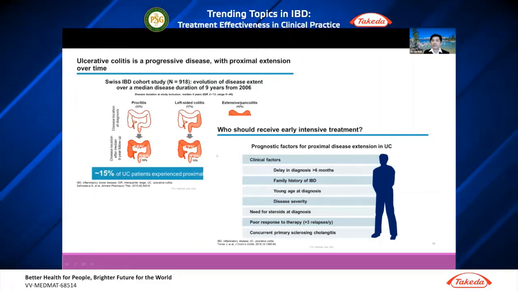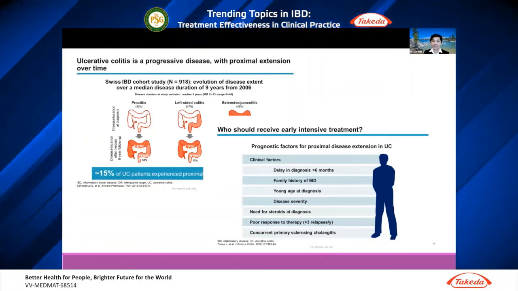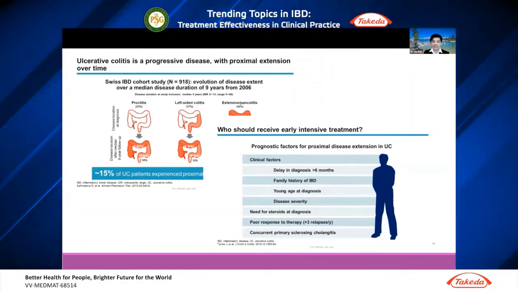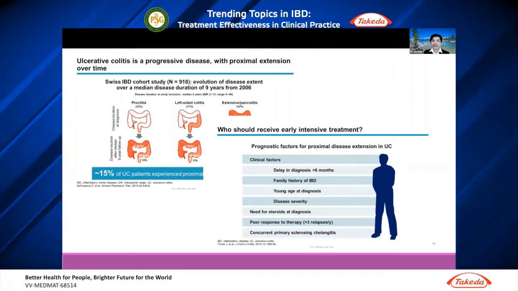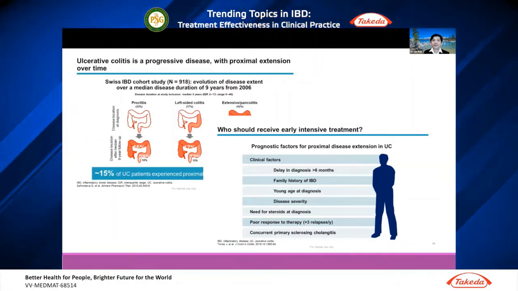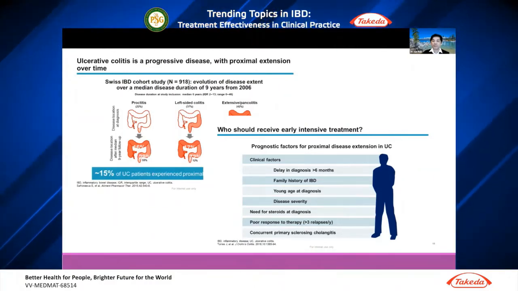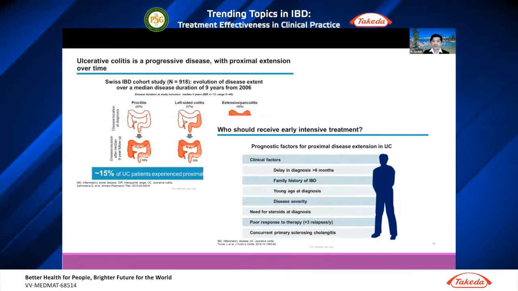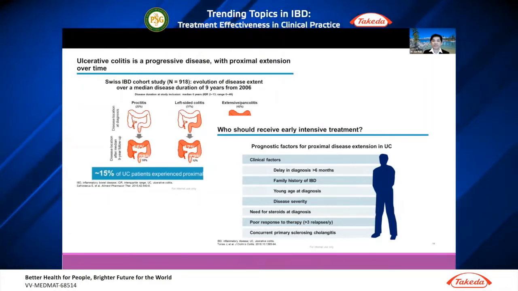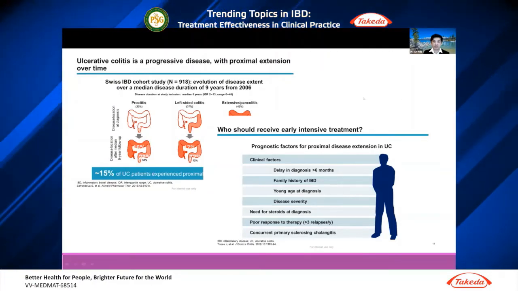These include a delay in diagnosis of more than 6 months, a family history of IBD, young age at diagnosis, disease severity, the need for steroids at diagnosis, poor response to therapy, which is defined as more than 3 relapses per year, and a concurrent primary sclerosing cholangitis.